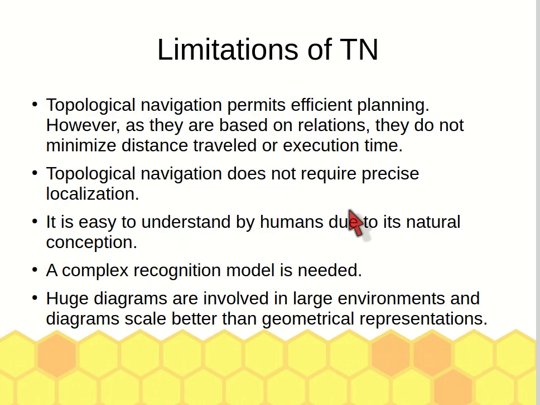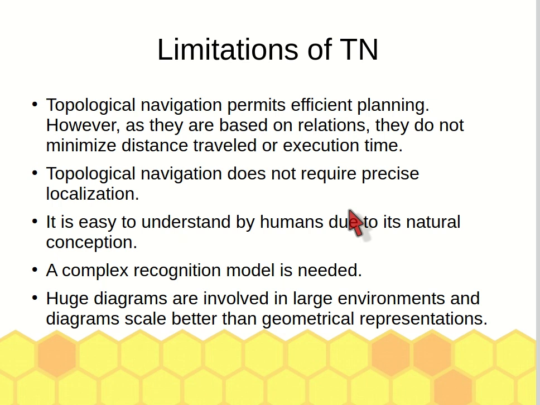Now, because it is based on relation, you don't have the information of, let's say you want to know the distance travelled or the execution time to reach the place.